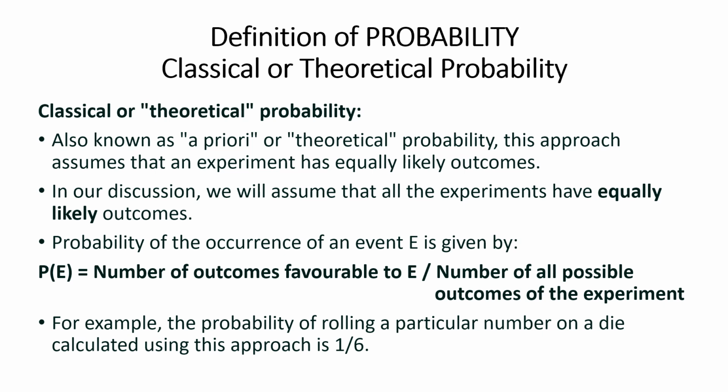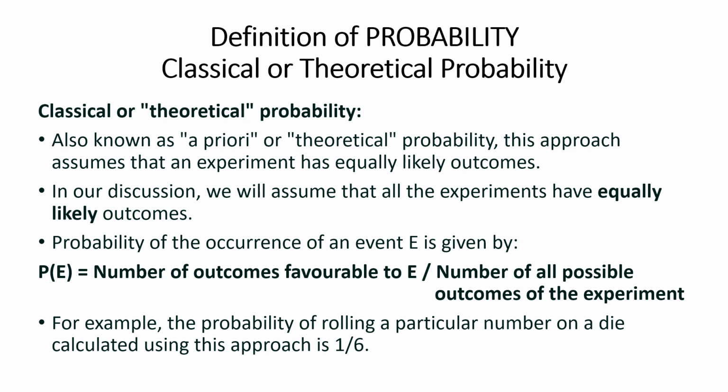The classical definition of probability says that the probability of occurrence of an event E is given by P(E) equal to the number of outcomes favorable to the occurrence of E upon the number of all possible outcomes of the experiment. What does this mean? If I want the probability that 1 comes on the die, how many favorable outcomes are there?